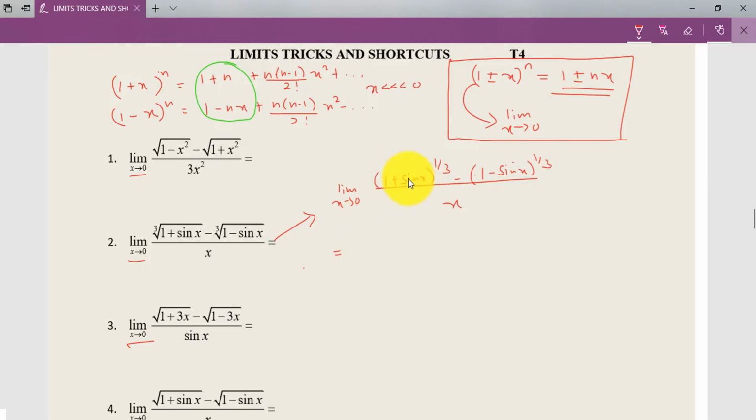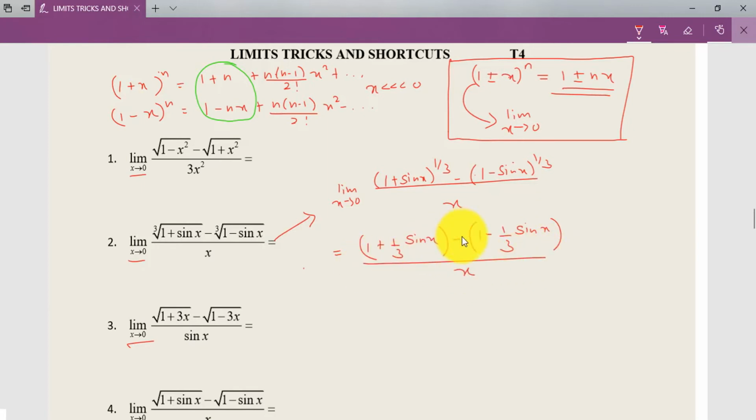This is of the form of the binomial expansion, so it is 1 plus 1/3 sin x minus, inside the bracket, 1 minus 1/3 sin x, the whole divided by x.